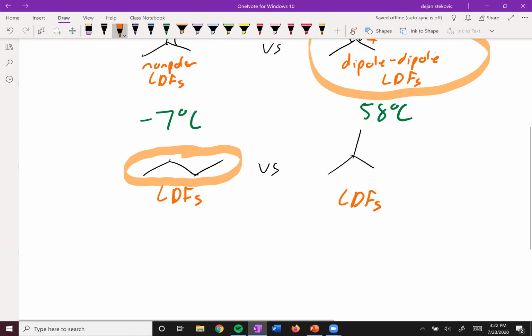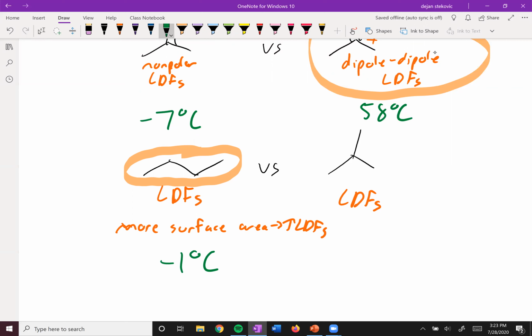This one's got more surface area, so it's got more or stronger LDFs. And so it will have the stronger intermolecular forces and it'll have the higher boiling point. This one's negative 1 degree Celsius. This one's negative 12 degrees Celsius. So you can see they both have pretty low boiling points, but one is definitely higher than the other, right?